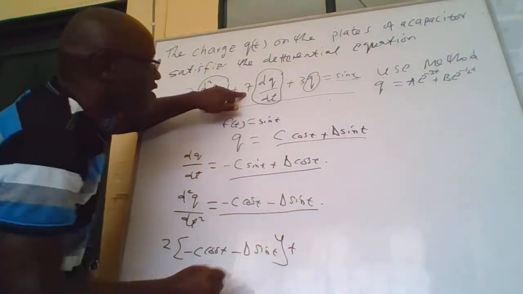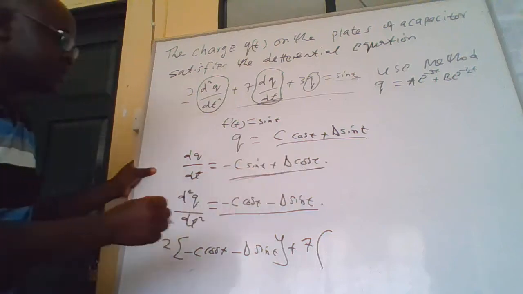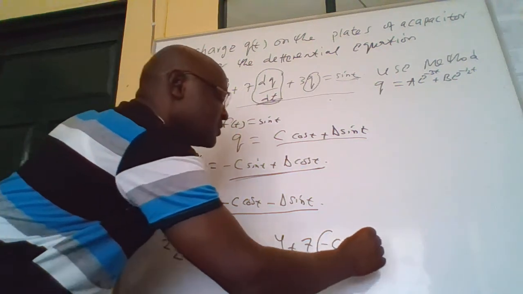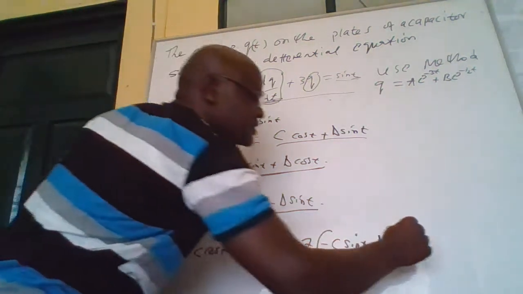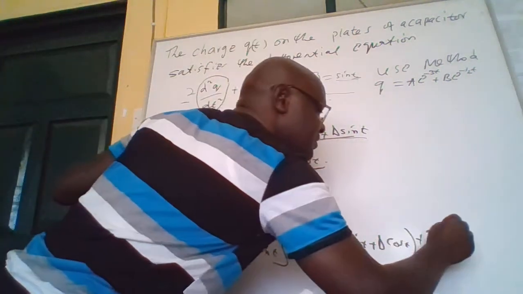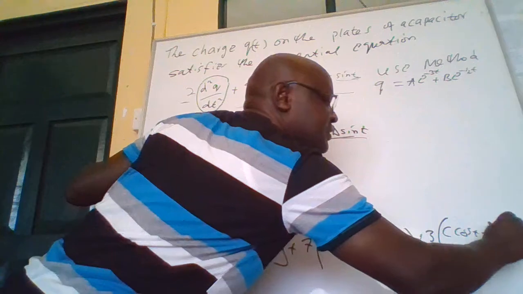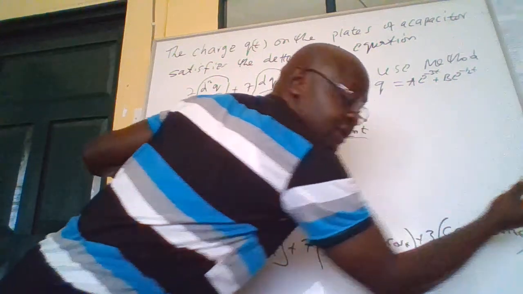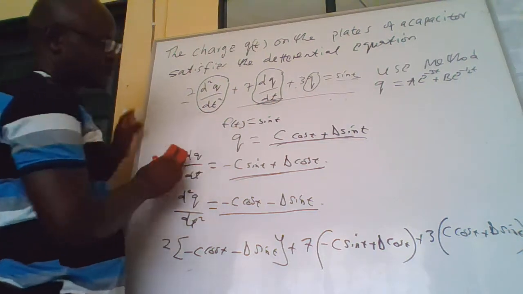Then plus, remember we have 7 here, so it will be 7 into, we now replace this, minus c sin t plus d cos t, and then plus 3 into, now this one, c cos t plus d sin t, then this equals sin t. We wrap this.